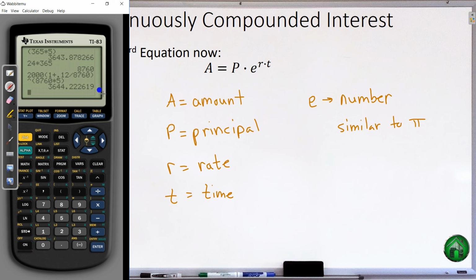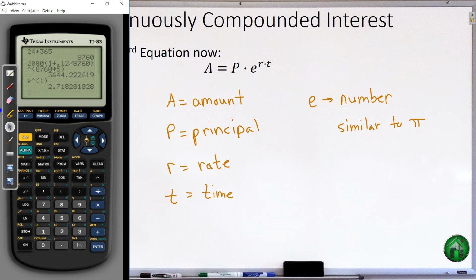Let me show you what it is. It is actually on your calculator. And because it's an exponential, it almost always has a power. It's right here. It is already e to the power of x because the calculator knows you're probably going to raise it to the power of something. But if we want to know what the actual number is, just raise it to the power of 1.